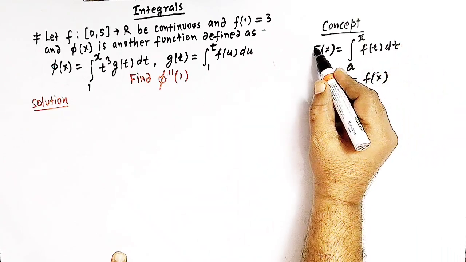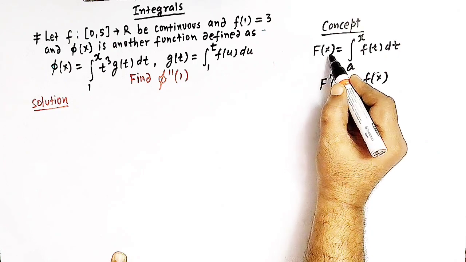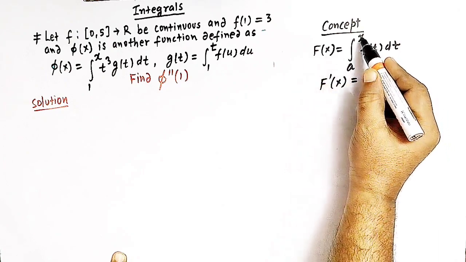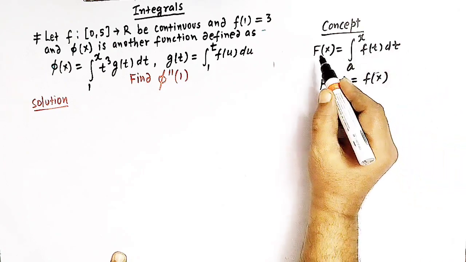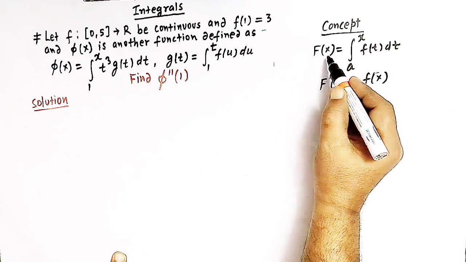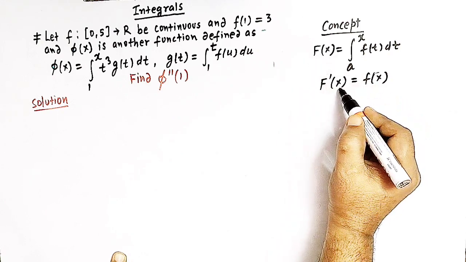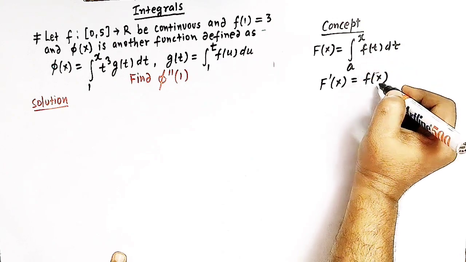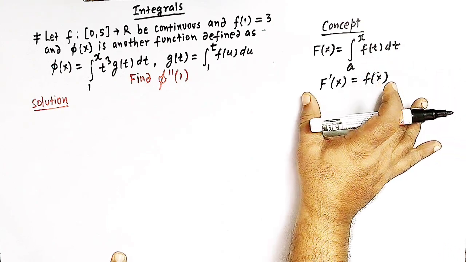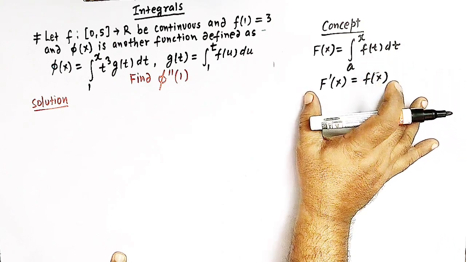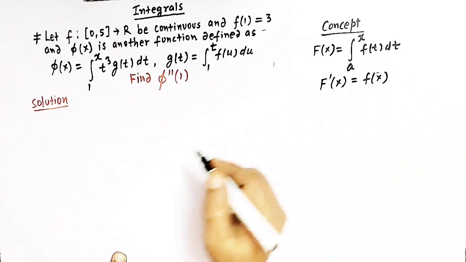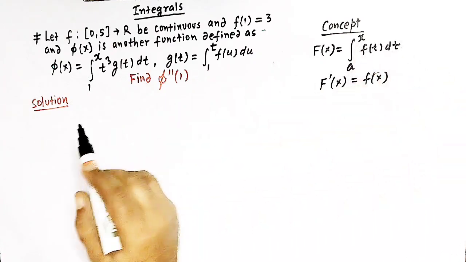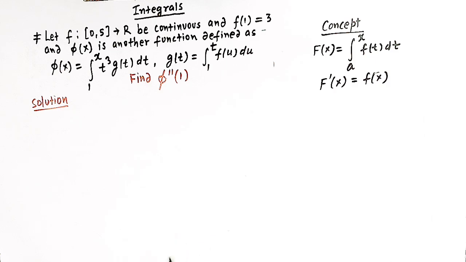If we are given a function capital F of x is equal to the integral a to x f of t dt, then the derivative of F of x, that is F prime of x, is equal to the function f of x, right? So here we are going to utilize this concept, and moreover here we can also use the concept of derivative.